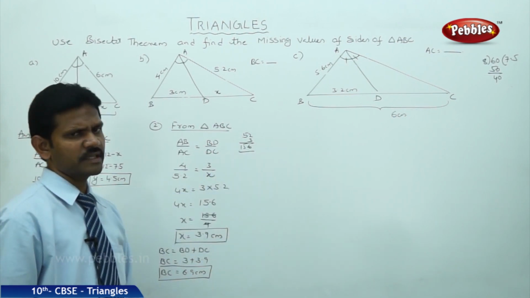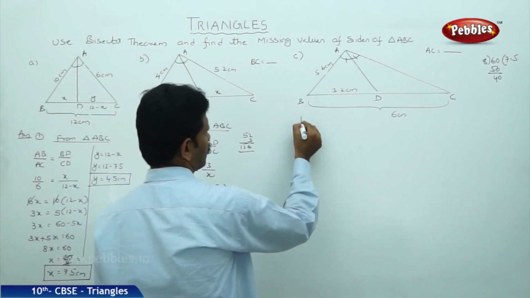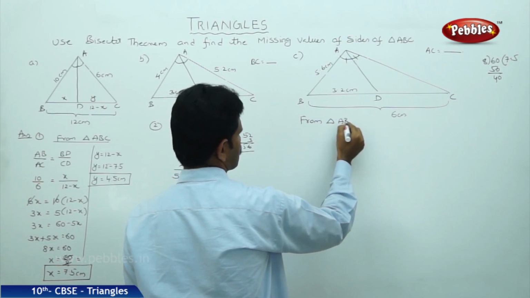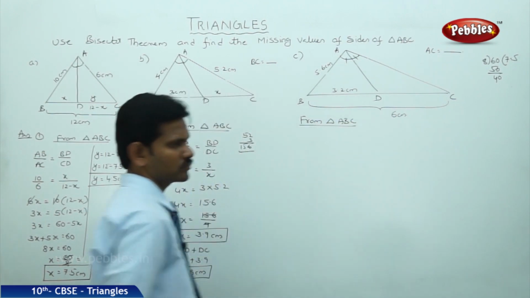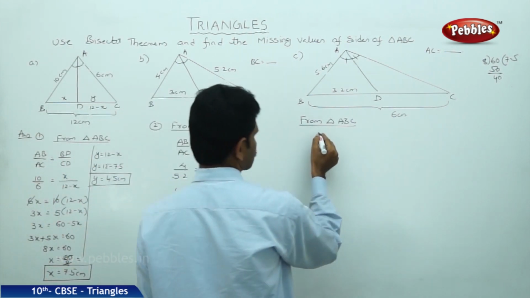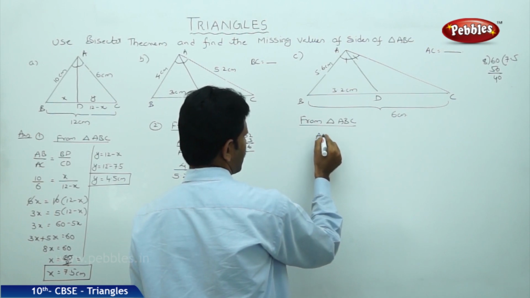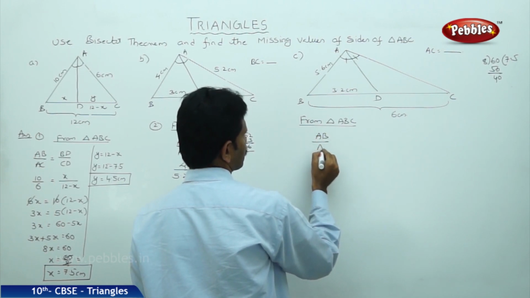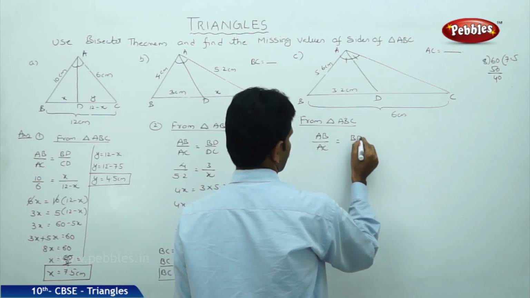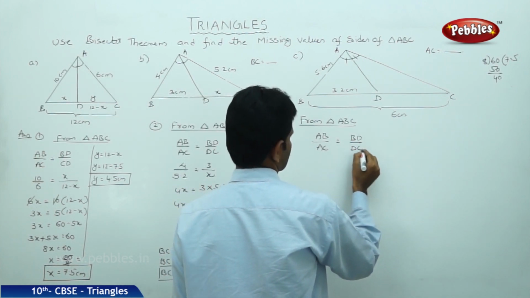Now let us come to third example. From triangle ABC, AB by AC is equal to BD by DC.